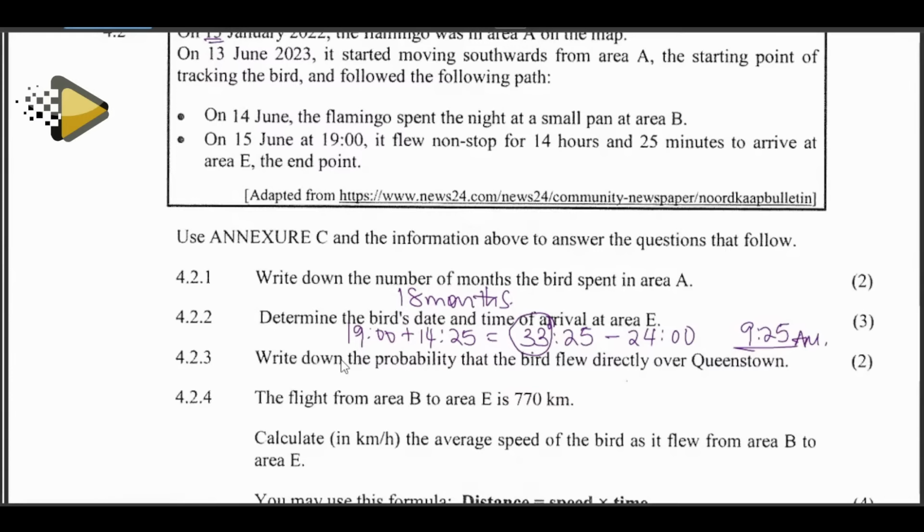This is in the morning. And what are they saying? The date. It has to arrive there on the 16th June, 16th June 2023. Okay.